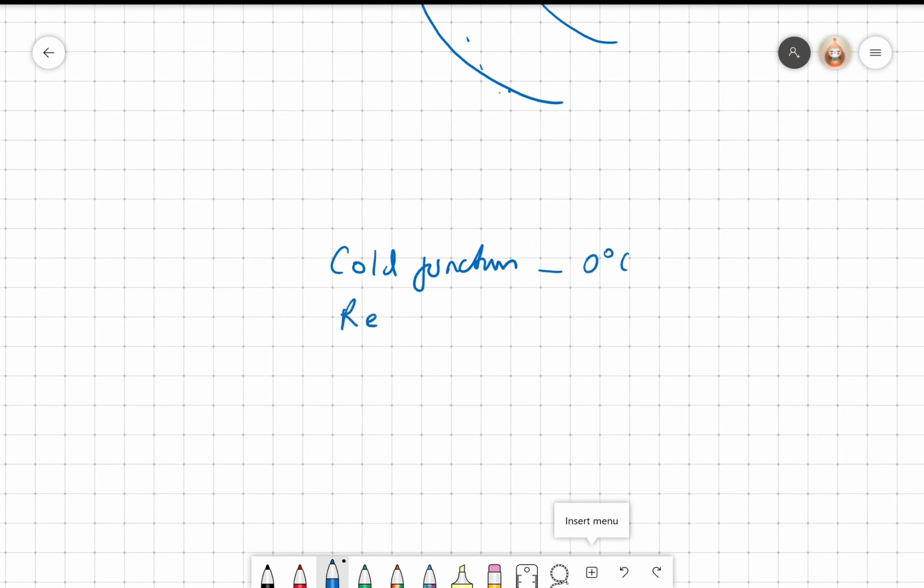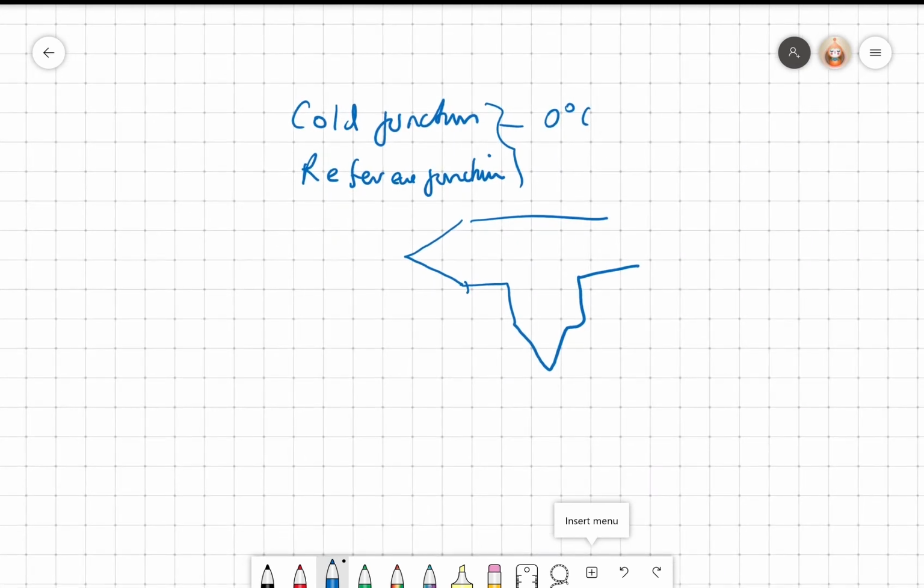We also call this the reference junction. There are several ways of doing it. One is that you have the measuring thermocouple, and you have the reference junction thermocouple. So you keep this in a bath with ice plus water.